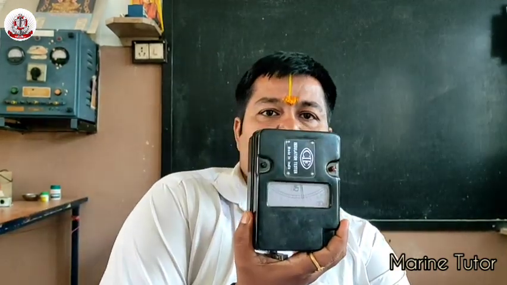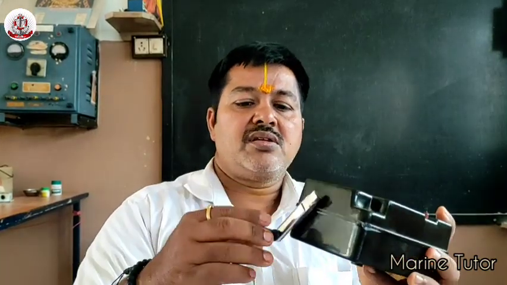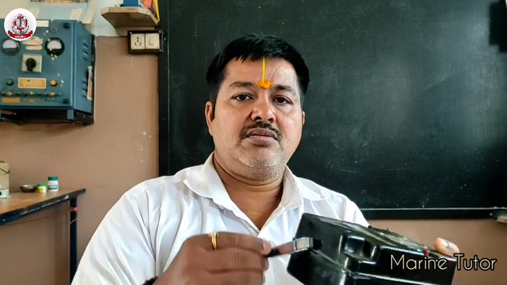This is a megger. This is a 500 volt megger. It has a hand operated generator, a portable DC generator inside. It consists of a pointer. So if the 500 volt megger is used, we can produce 500 volts.